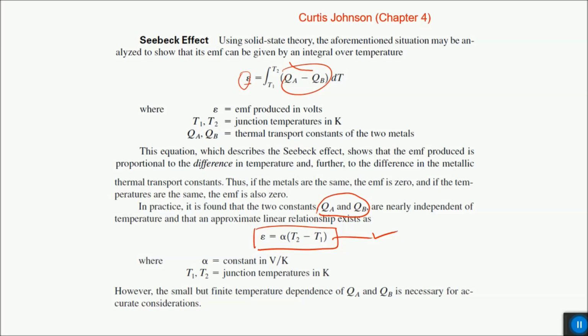However, the small but finite dependence of these thermal transport constants, QA and QB, is necessary for accurate consideration. So if you want a very accurate relationship, you should use this formula. Otherwise, if some errors are acceptable, you can use this linear approximation.